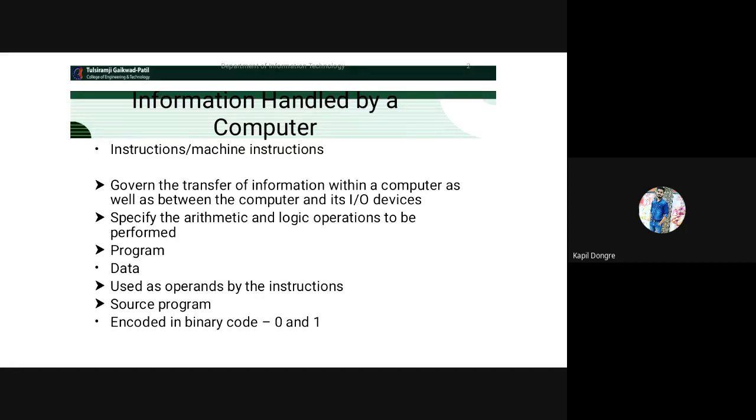We need to perform all of that, used as operands by instructions. The program is encoded in binary code, because the information is in the form of 0 and 1. All the instructions we are going to execute are in the form of 0 and 1, because it is a machine level language.